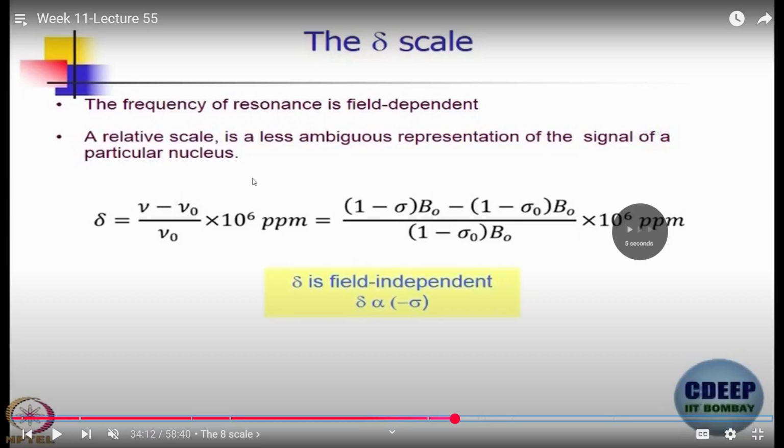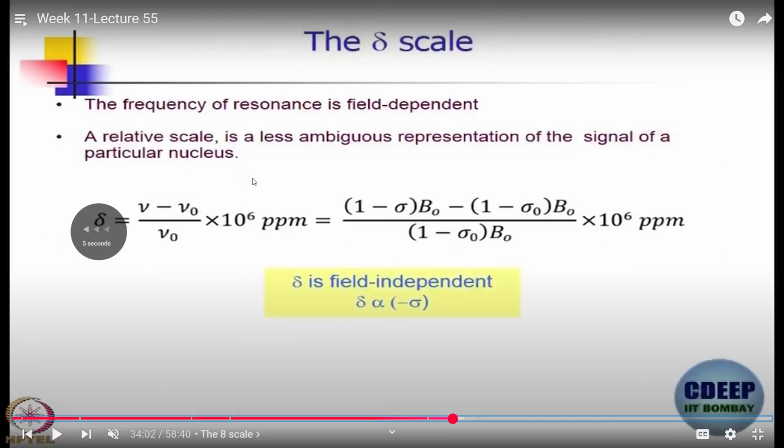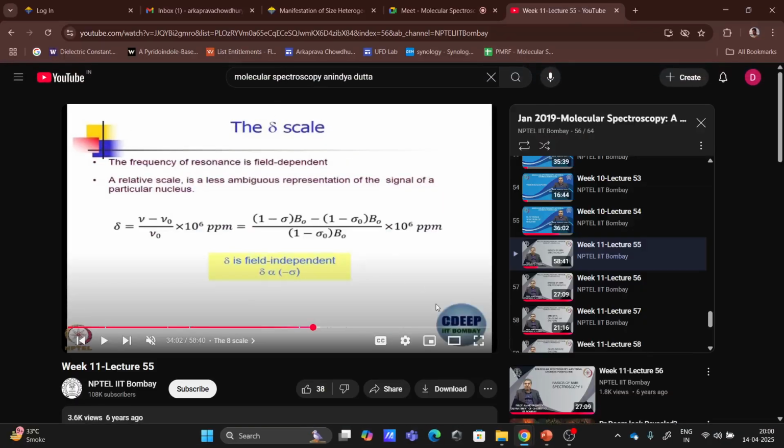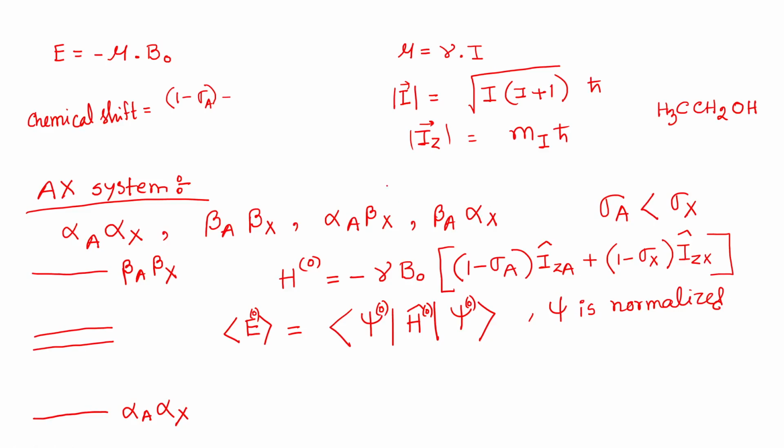So this is what we were saying: 1 minus sigma minus 1 minus sigma 0 by 1 minus sigma 0. So I can write it for our purpose here: 1 minus sigma A minus 1 minus sigma 0 divided by 1 minus sigma 0.